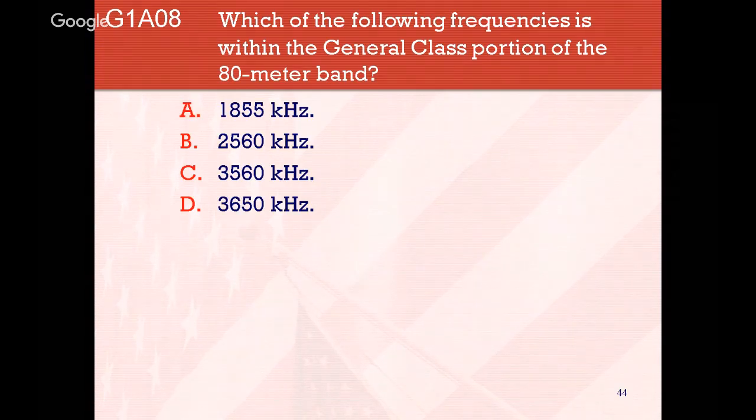We're in the 80-meter band portion of the 3.5 to 4 megahertz. So you know that 3650 isn't going to be it, but 3560 is going to be it. Don't transpose that. They put 3650 in there to confuse you on this question. We're talking about the 80-meter band, not the 75-meter band.